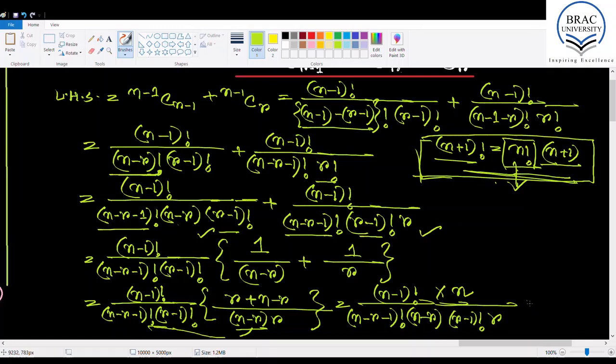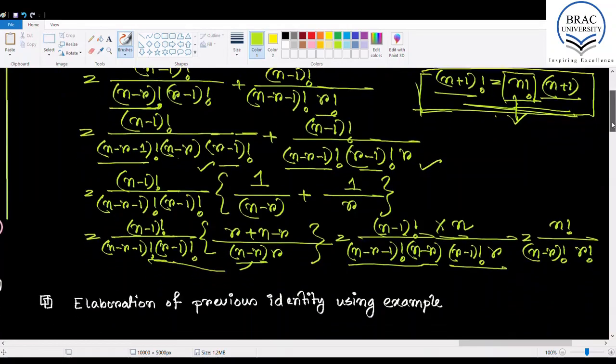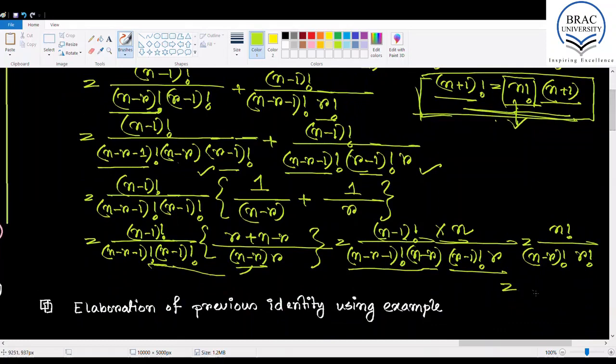So eventually what we get is (n minus 1) factorial into n. This is equal to n factorial. This is equal to (n minus r) factorial, and this is equal to r factorial. So it is equal to nCr.